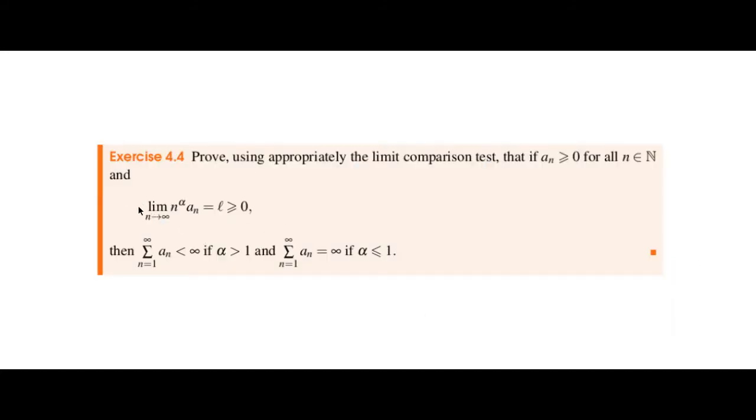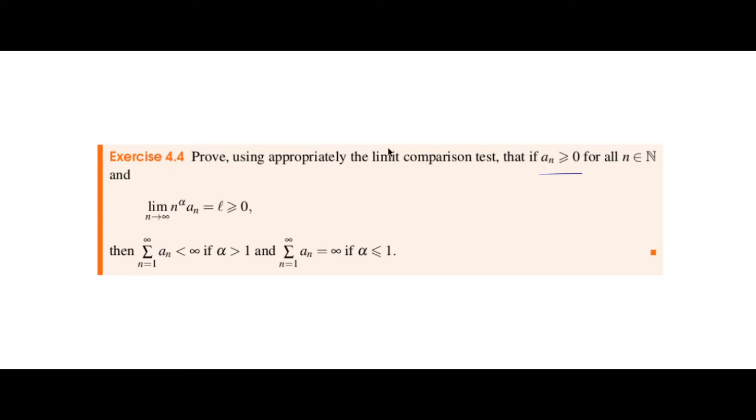Okay, so as an exercise, prove using appropriately the limit comparison test that we have just seen, that if a sub n is greater than 0 for all n, and we know that the limit when n goes to infinity of n to the alpha times a sub n is L, a real number that's greater than 0, then the series of a sub n is convergent if alpha is greater than 1, and it's divergent if alpha is smaller or equal than 1.